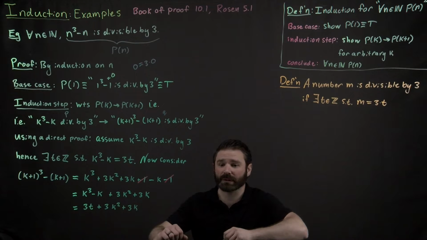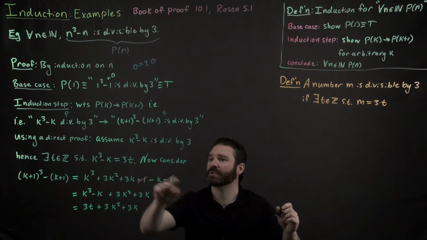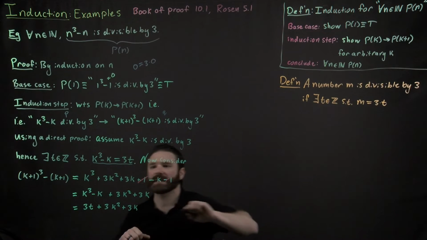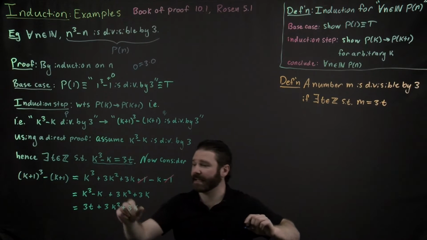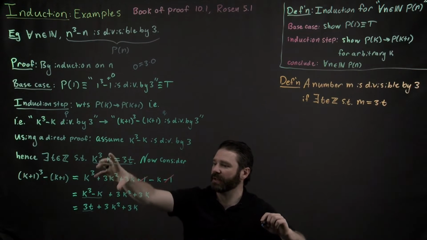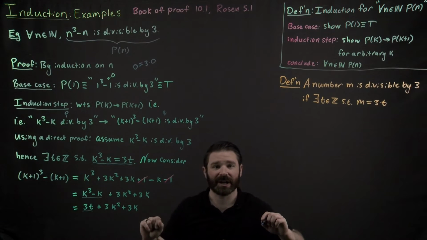And so, very importantly, this step right here is using my induction hypothesis. I have made my assumption that this thing is divisible by 3, which is equivalent to saying this statement, and that allows me to then substitute in right here. So this step right here uses my assumption, my induction hypothesis.